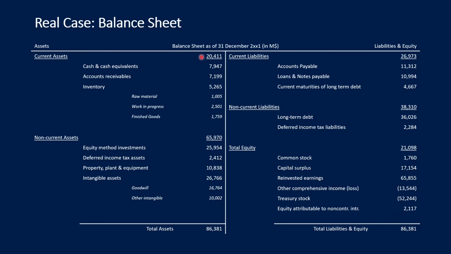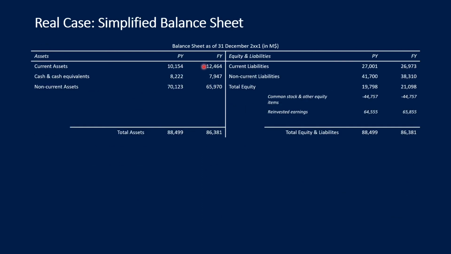Here the current assets are around 20,000 and cash is still included. Here the current assets are around 12,000 and cash is excluded, because I need cash to be an individual item for my calculation.